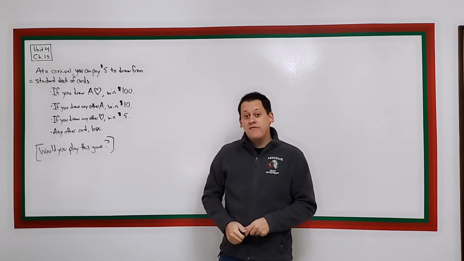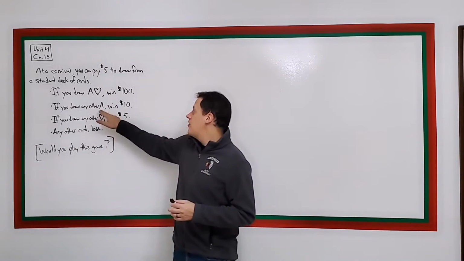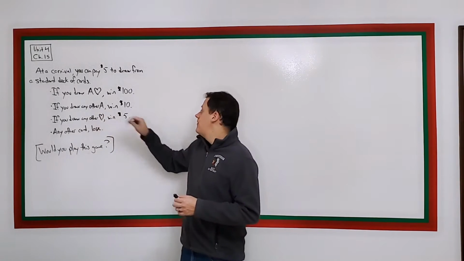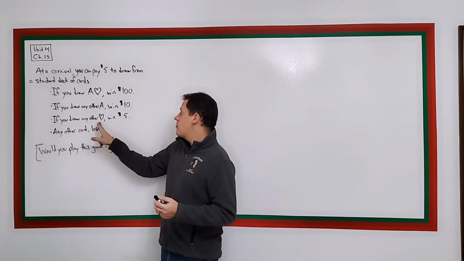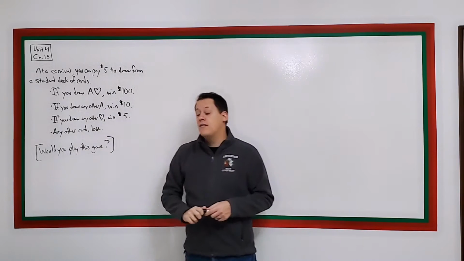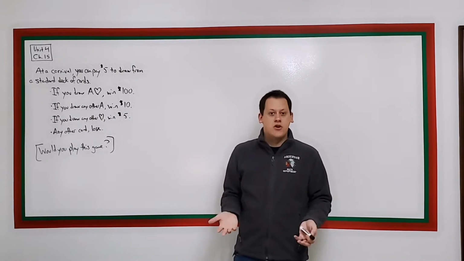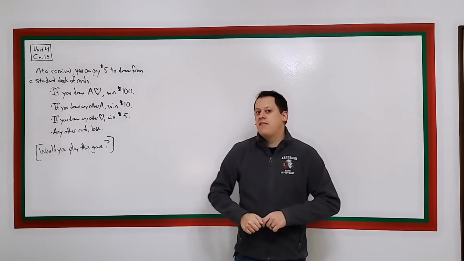Not bad, you only paid $5. If you draw any other ace, then you win $10. If you draw any other heart that's not the ace of hearts, you win $5, which is essentially your money back. And if you draw any other card, you lose that $5 that you paid.